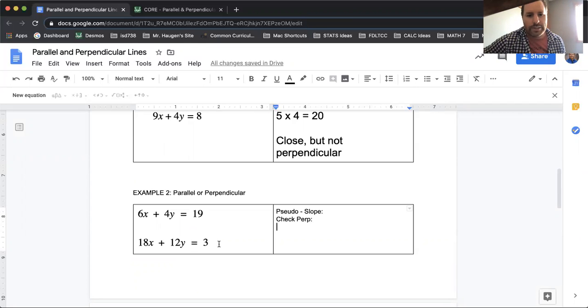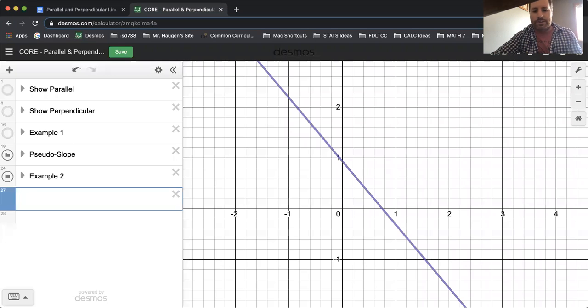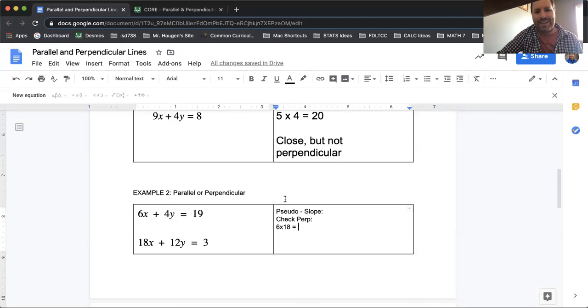Here I'd go 6 times 18, right? And I would check that on there. Off the top of my head, I'm not quite sure what that is. So I'm just going to go into this one and do 6 times 18, and we'll get there. That's 108. And then if I check the other direction, we would check 4 times 12.